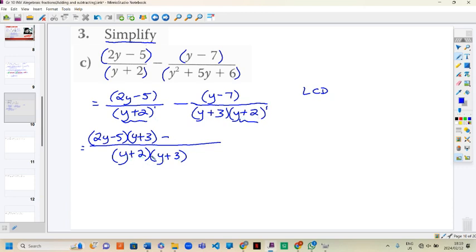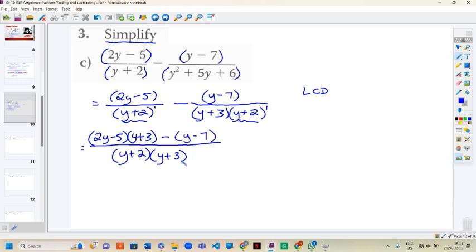Is there anything missing here? Or are these denominators exactly the same? They're exactly the same. The only thing is that the brackets are switched. The y plus 2 is in the front, y plus 2 is at the back. That doesn't matter, they're multiplying with each other. The brackets are exactly the same. Is there anything I'm going to change here? No, it's going to stay exactly the same.